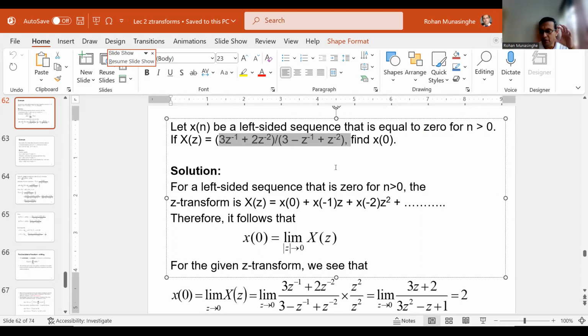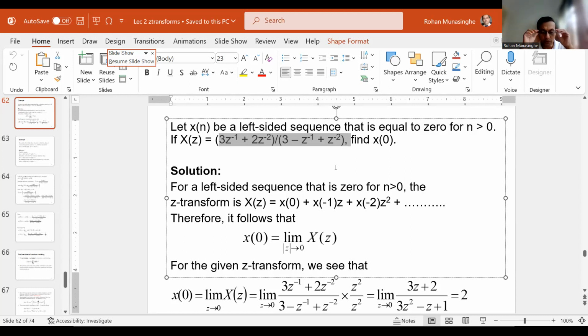So this is completely free to formulate examples using either positive powers or negative powers. And also, when you look at the initial value theorem, it has two different formats. If it is a positive sequence or negative sequence: in case of a positive sequence, it goes to infinity, and if it is a negative sequence, it goes to 0.